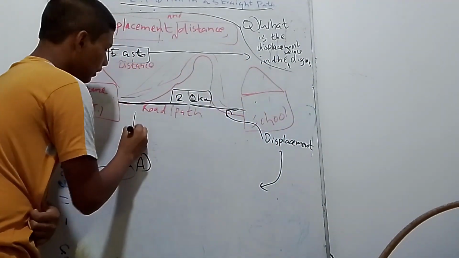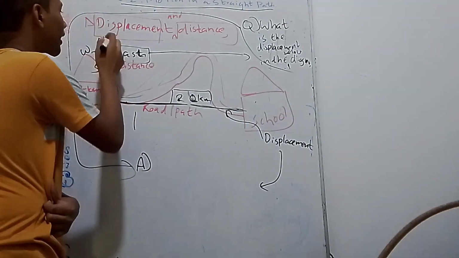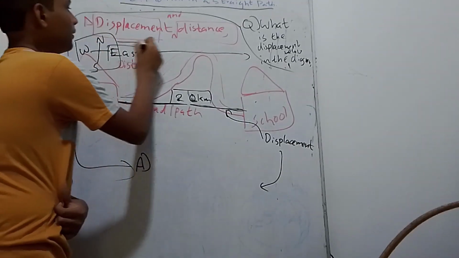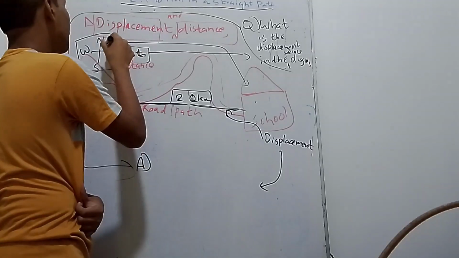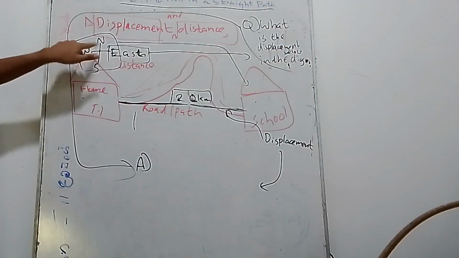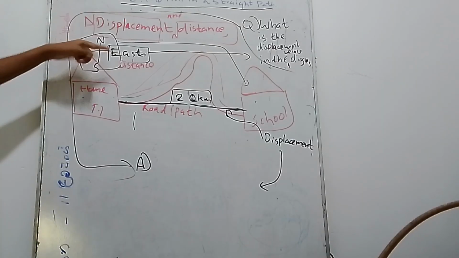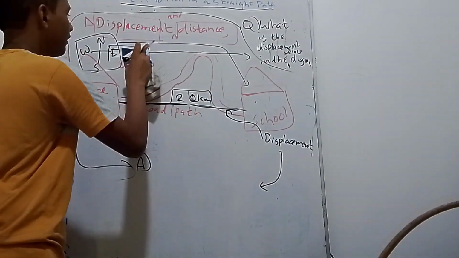As you can see here, these are the directions. These are the four main directions. I wrote it as a sketch because it refers to the diagram directly. Anyway, it is sketchy, don't think about it.